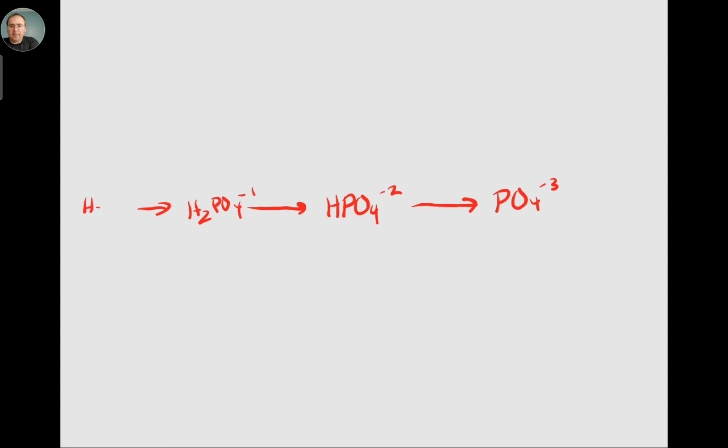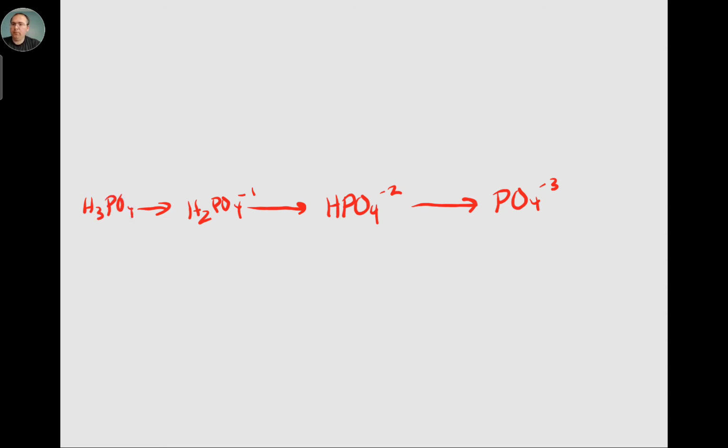So you can imagine that if we have something like hydrogen phosphate, its ability to have a conjugate base of phosphate is all acid-base chemistry. It also has the ability to come from dihydrogen phosphate. And it has the ability to come from phosphoric acid.